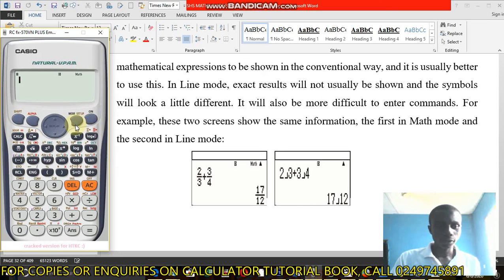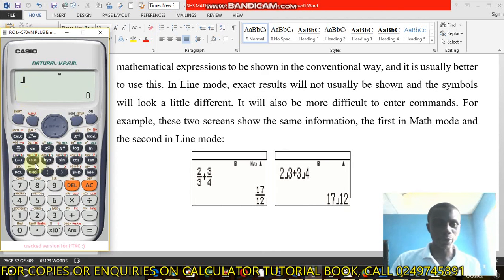So now we are moving back to the shift mode. Very good. Now, if you press shift mode and you choose number 2, the line mode, that is number 2.